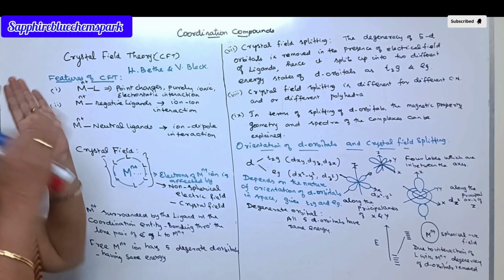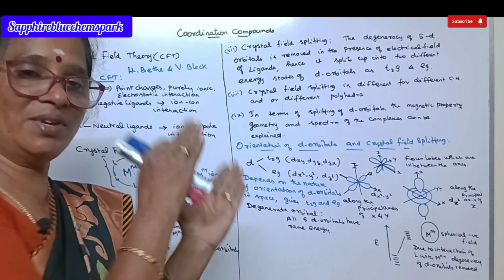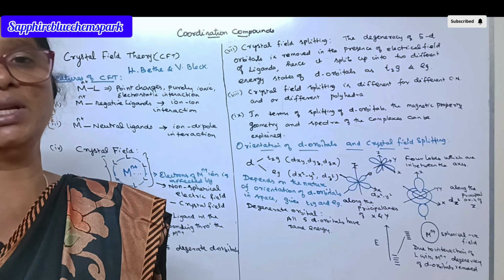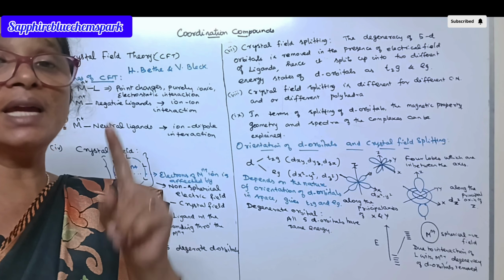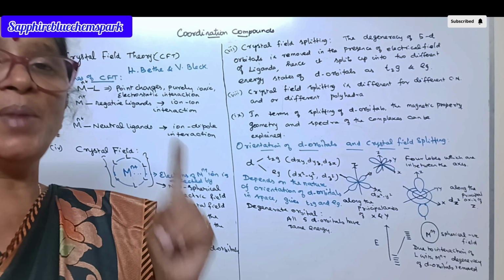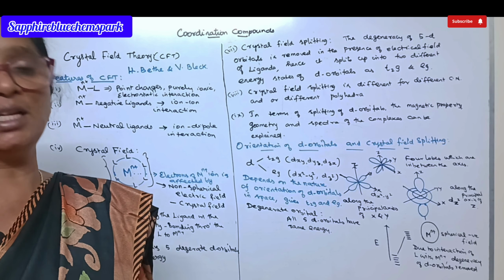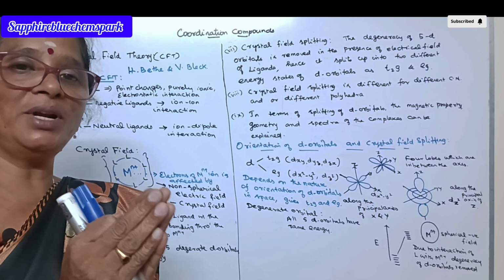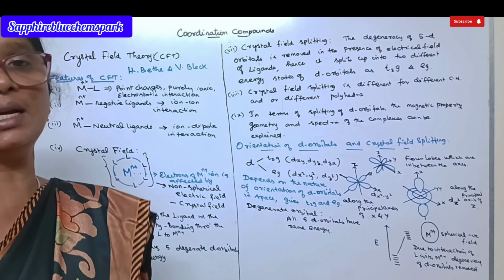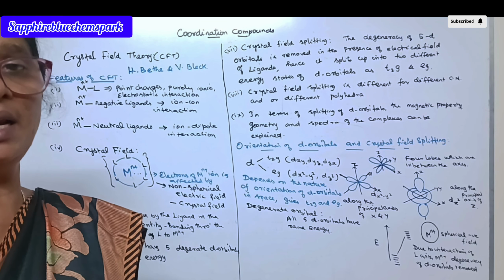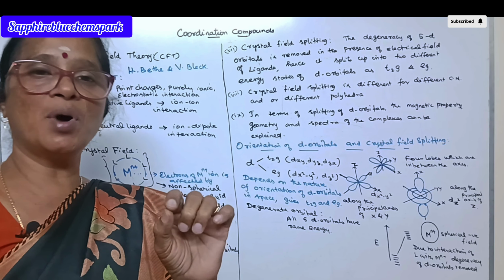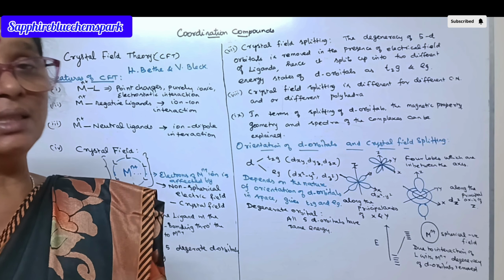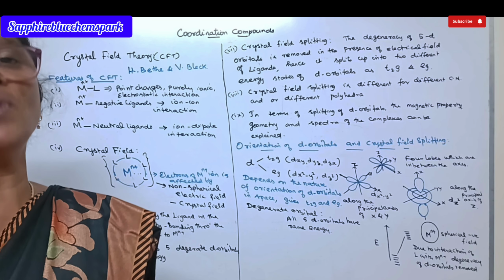Here the main difference between the VB theory and CFT is that CFT speaks about the ionic character of the metal and the ligand. That means the bond formed between the metal ion and the ligand is purely ionic. But in the VB theory, we said the nature of the bond between the metal ion and the ligand is purely covalent.